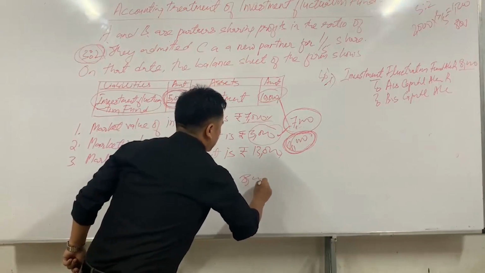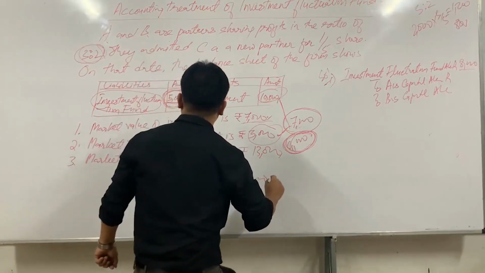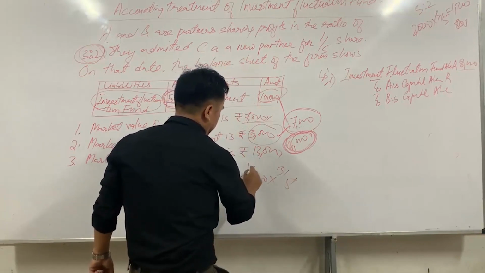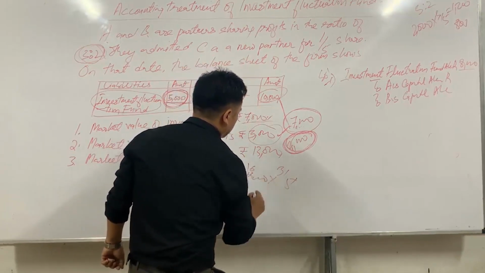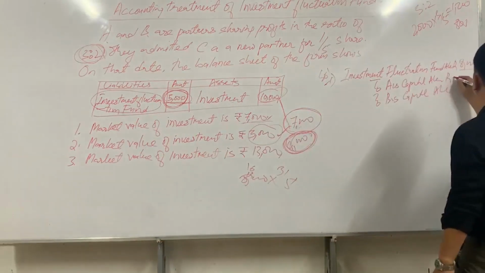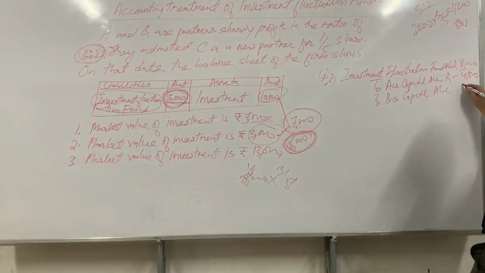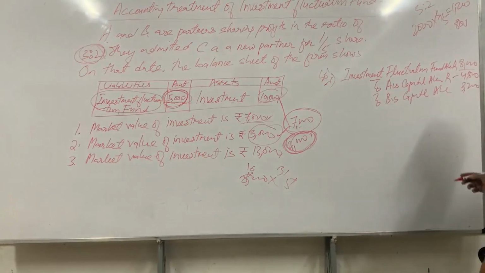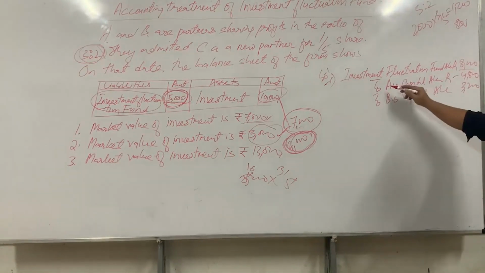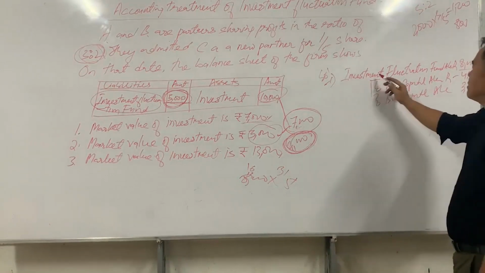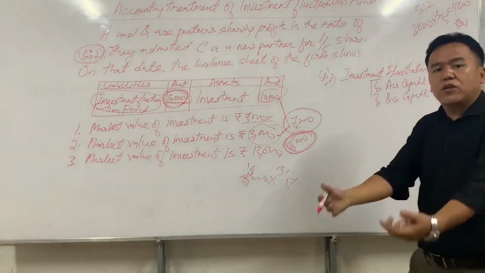Between A and B, 3 by 5. So A will get 4,800 and B will get 3,200.